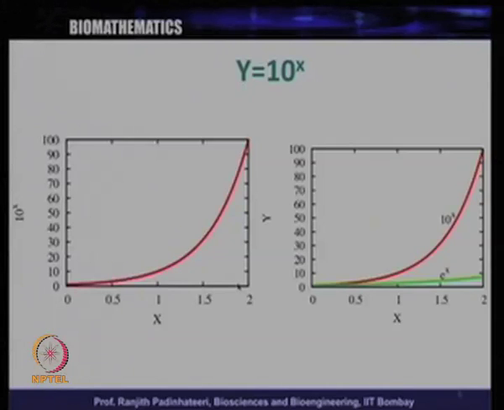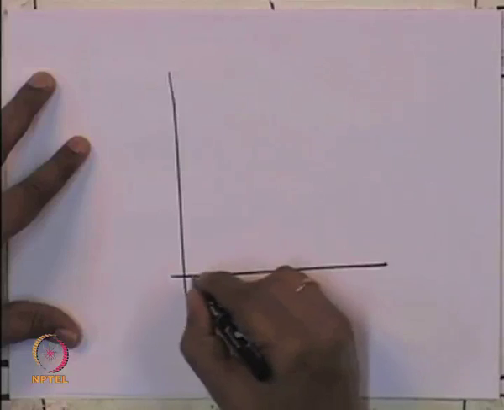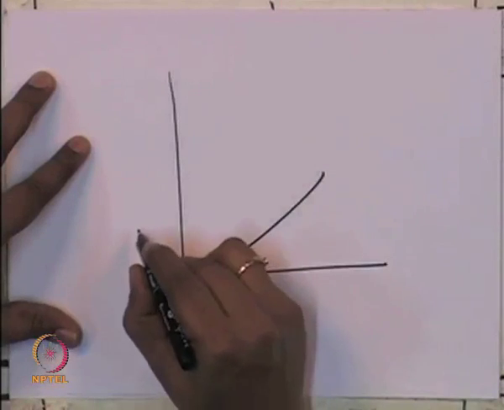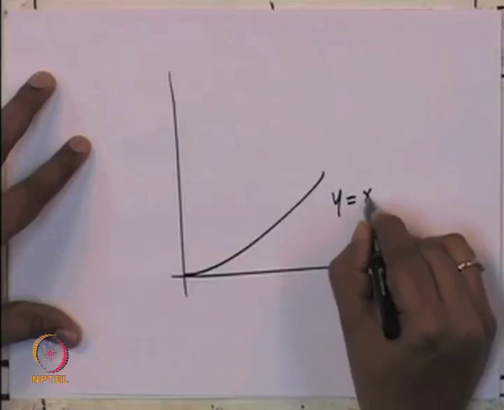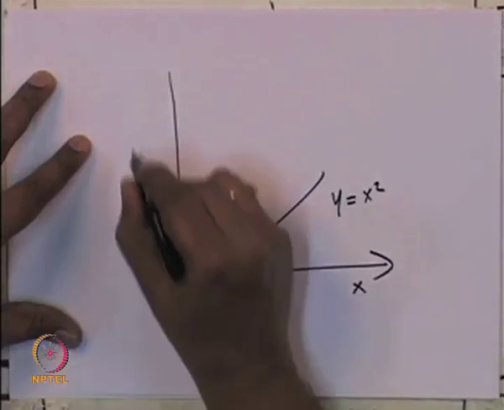One more function is 10 power x. Now we have learned many functions from the beginning: y is equal to x square, y is equal to x cube, and so on. So we had y equal to x square, and for every x value we had a y value.